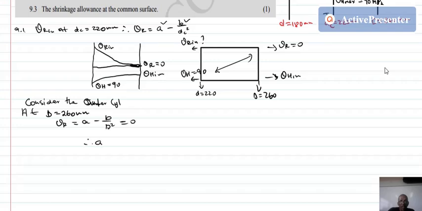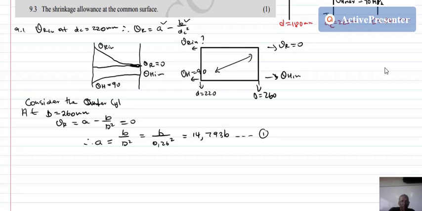That means my A is the same as B over D squared, which is the same as B, our unknown B, divided by 0.26 squared. And then your answer will give you 14.793B. That will be my equation 1.